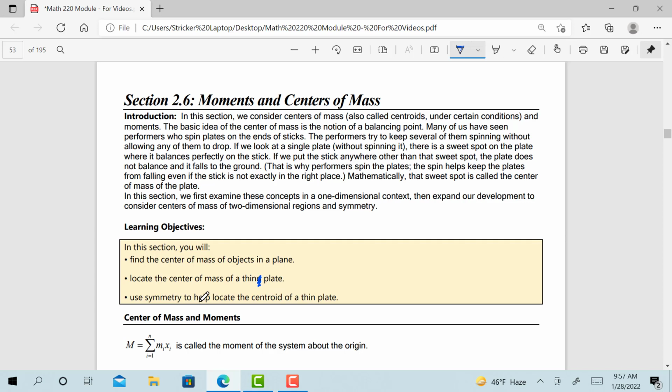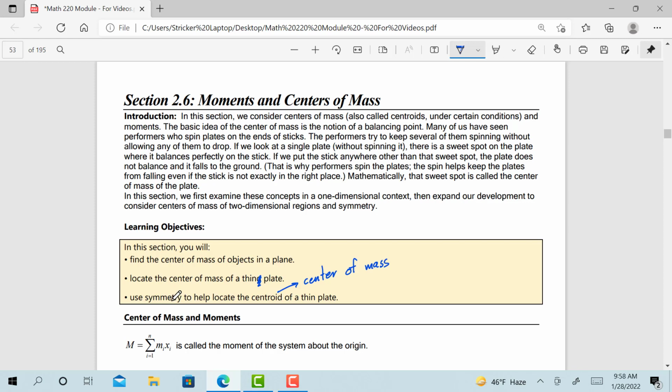Another name for centroid is the center of mass. That basically is the point on an object, especially if we're talking about a plate, where that object would balance perfectly without tipping over on either side.